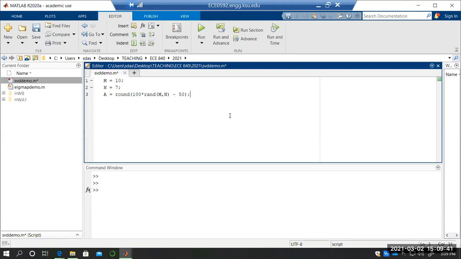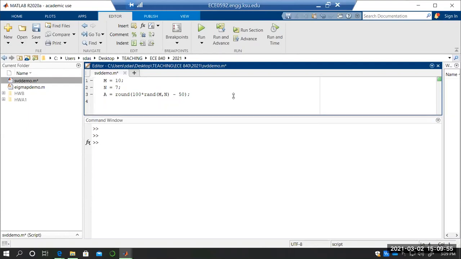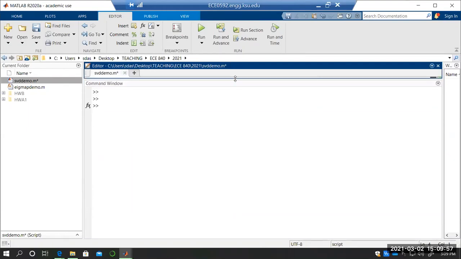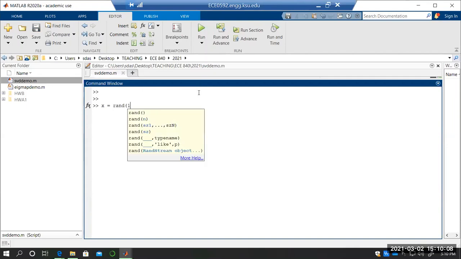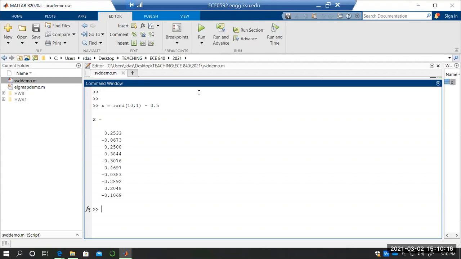Okay, so this is my A, a random matrix. Actually, before this, I have to demo the norms. Let's take x equals rand, so this is x.